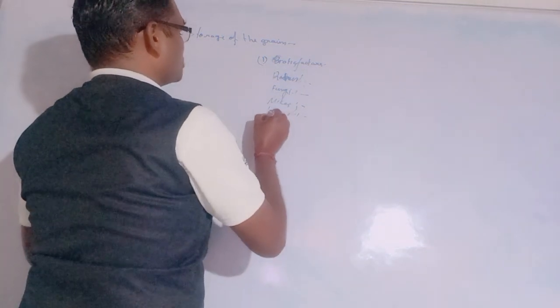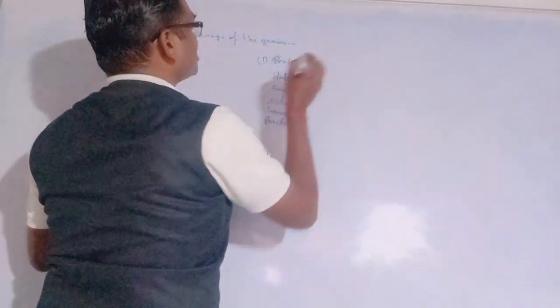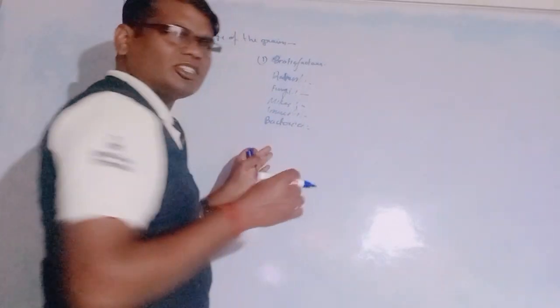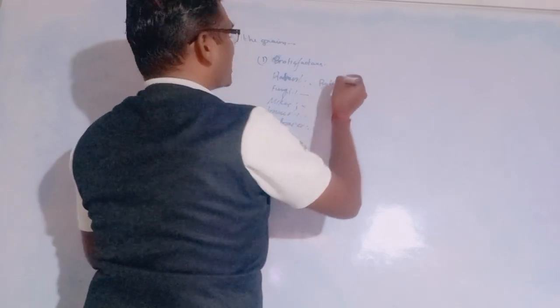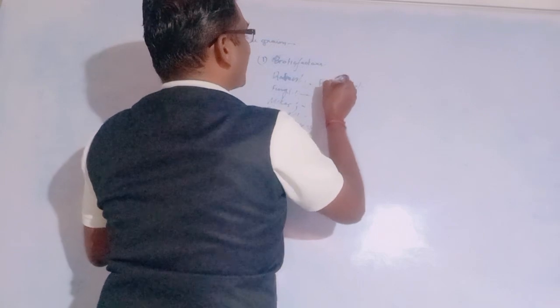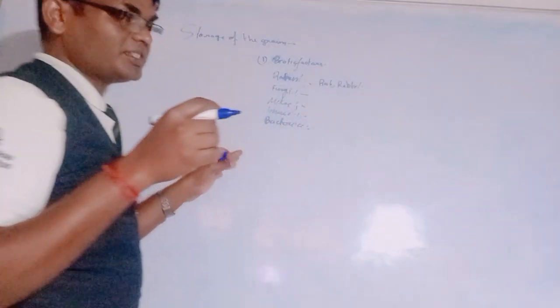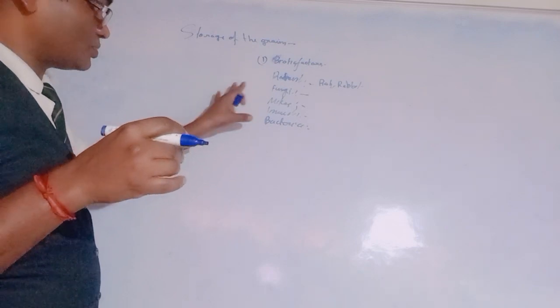Rodents are those animals which cut things, like the rat. Rat is a rodent, and rabbit too. These rodents cut the sacks and the storage materials, and that is responsible for the losses.